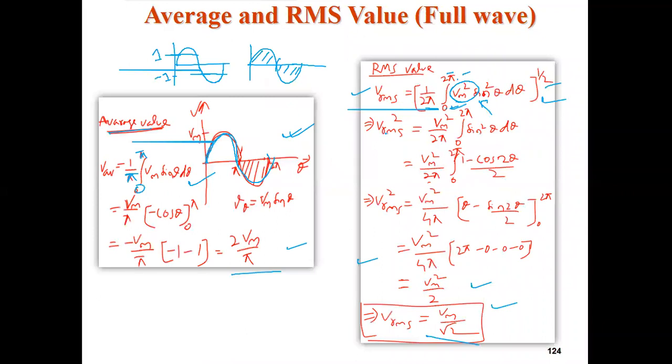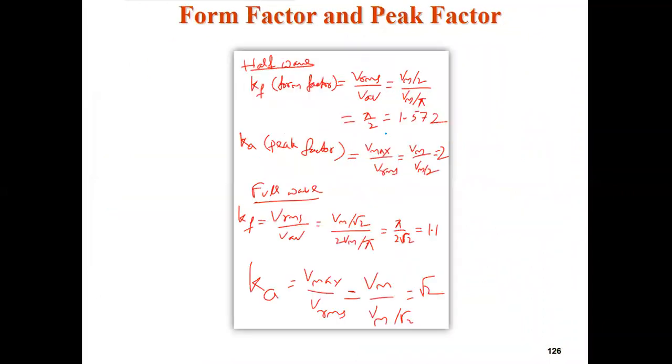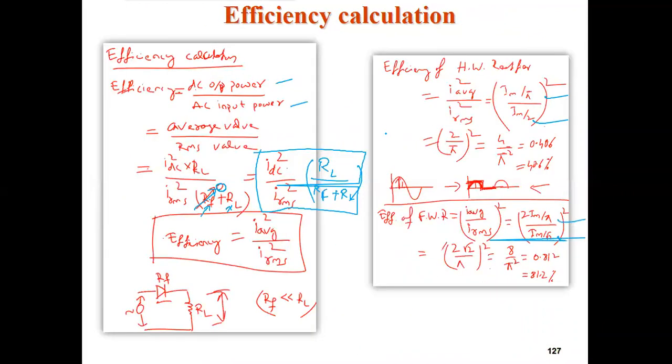If the efficiency calculation is asked as a long question, like a 4-mark or 3-mark question, then you do all the derivations. If it is only a simple 2-mark question, only write this expression, put in the values and get the answer. So depending on the marks, you have to manage your writing.